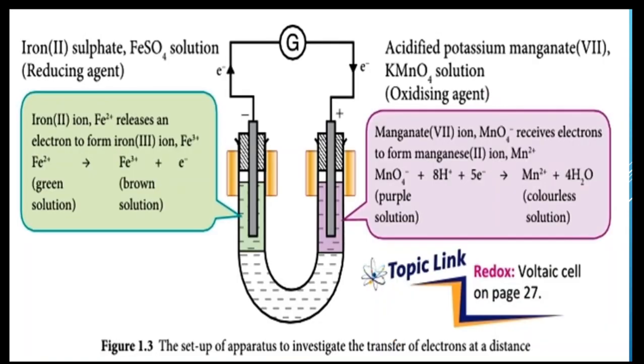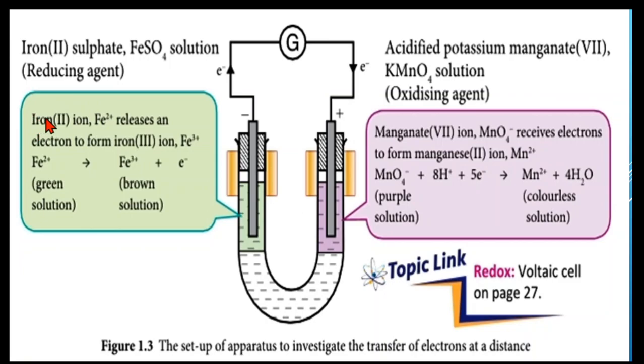This is the setup of apparatus to investigate the transfer of electrons at a distance. For example, this is a U-tube, and here we set a galvanometer. This one is the negative electrode and this one is the positive electrode.